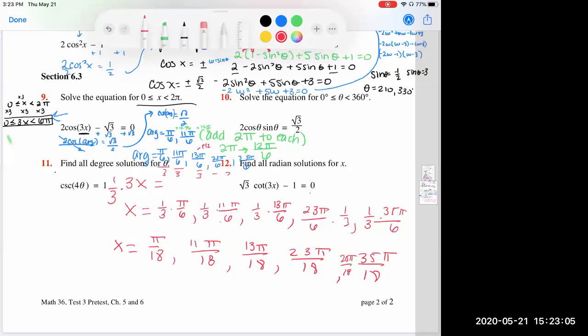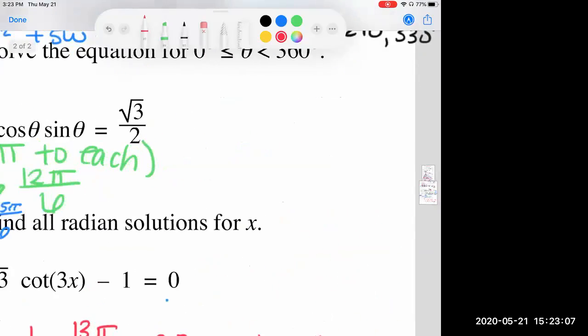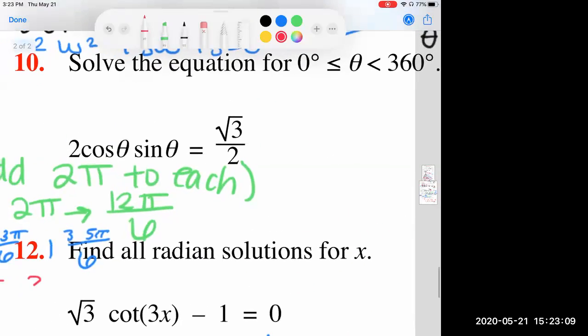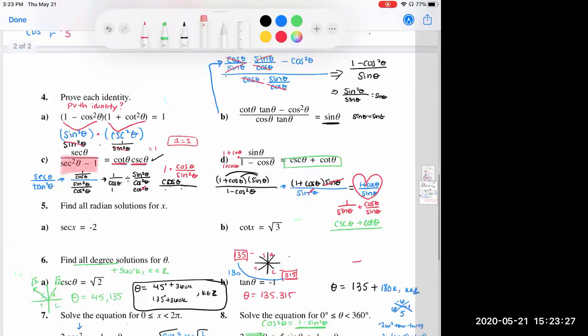All right, let's take a look at the next one. Solve the equation for theta when it's between 0 and 360 for cosine theta sine theta equals square root of 3 over 2. All right. So our algebra skills can help us here tremendously.